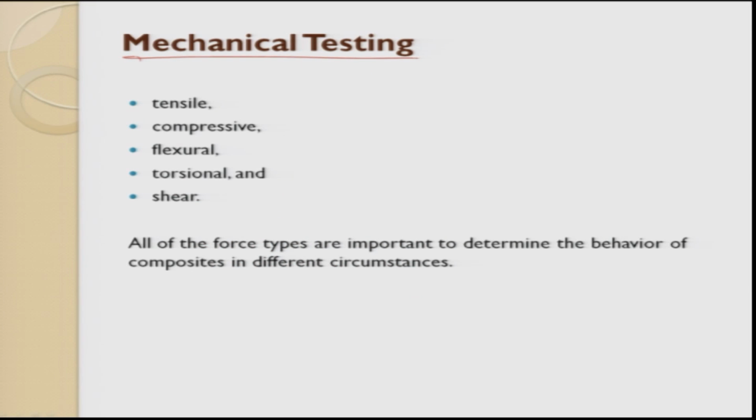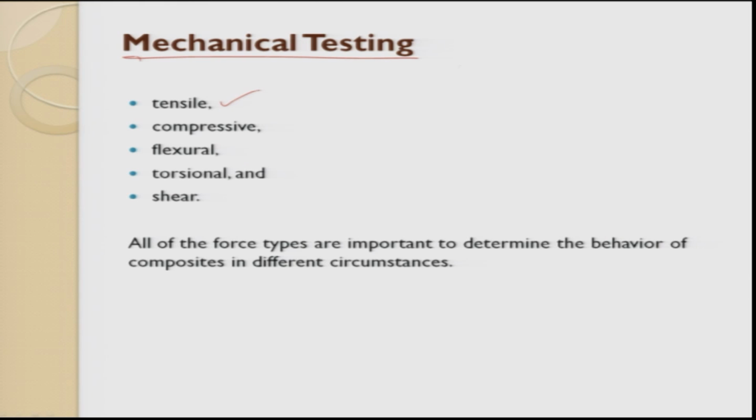Mechanical testing, the most common and exhaustively used testing is tensile testing. Other tests are generally avoided for a homogeneous material, because there is a direct link between tensile and compression. Over a period of time, there are data books which tell that there is a ratio available.